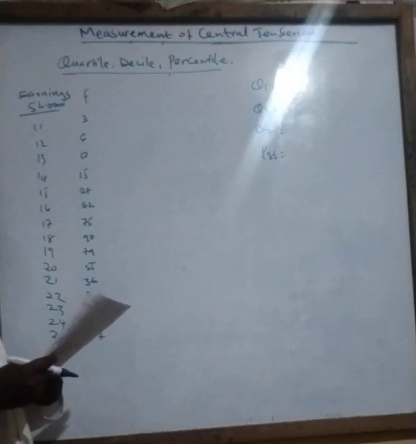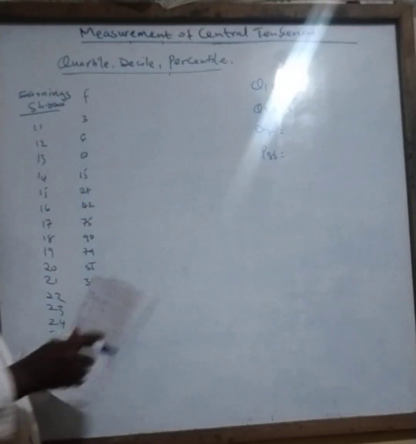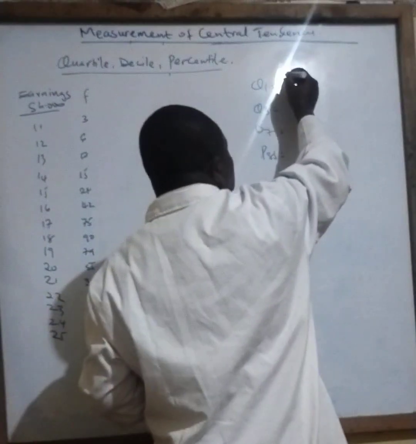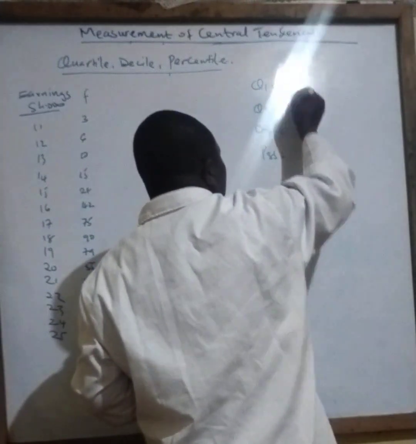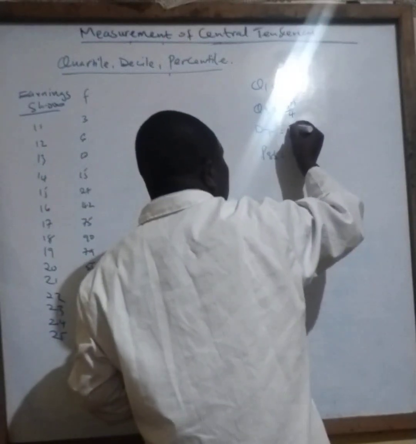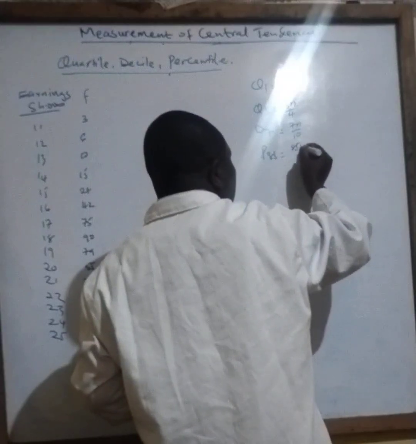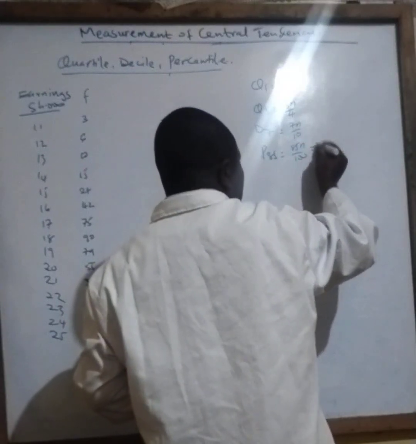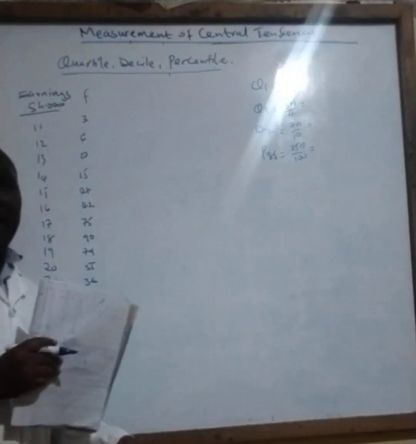Percentile, that is what you have been told to calculate. Now from here, for this one I will say it is n divided by 4. This one will be 3n divided by 4. This one will be 7n divided by 10. This one will be 85n divided by 100.